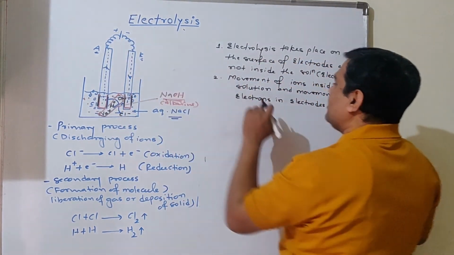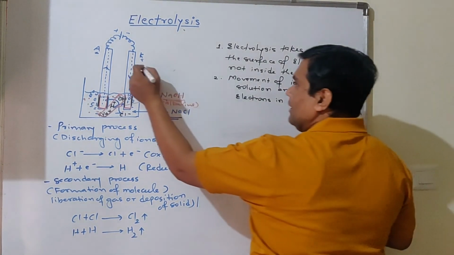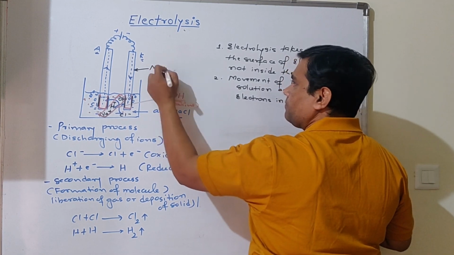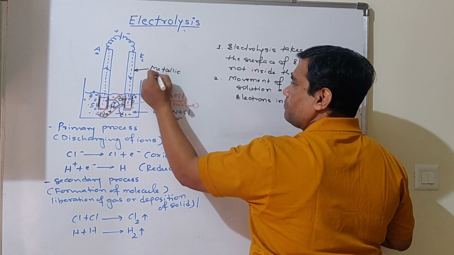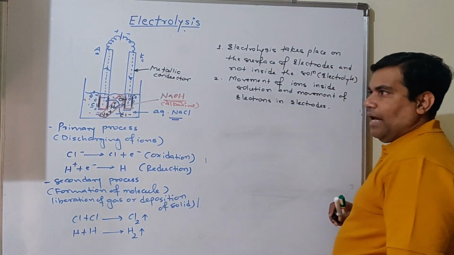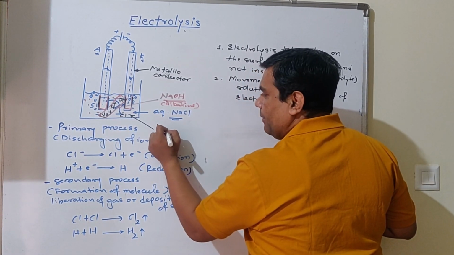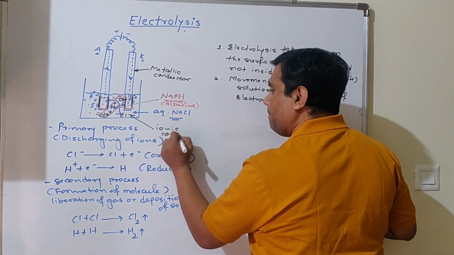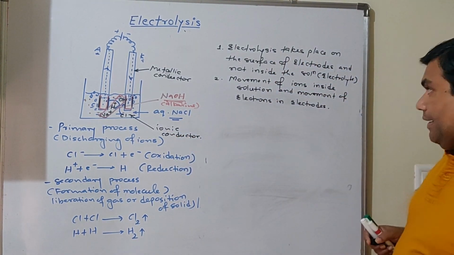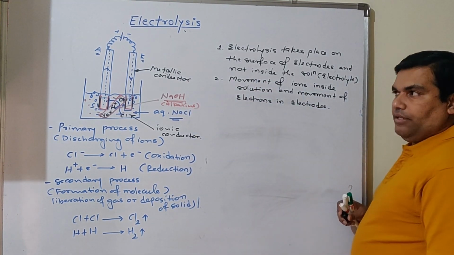In the external circuit, there's a movement of electrons. Basically, these are metallic conductors. Because the electrodes are metallic conductors and the electrolyte is an ionic conductor, the movement is of ions in the solution and electrons in the rod.